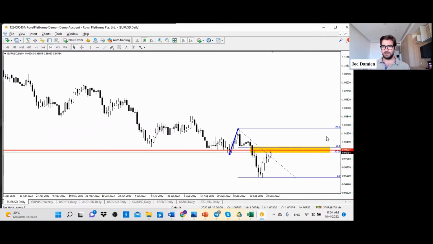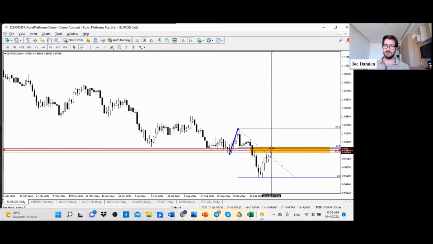Okay, so we have an area of confluence and of correction using similarities in the previous downtrend. This one equal to this one. We have the Fibonacci retracement zone between 50 and 61.8, plus we have a strong resistance here around 0.99. So what's next for EURUSD?